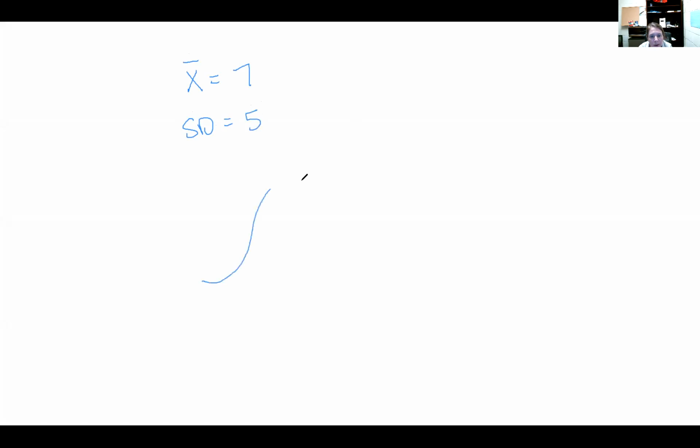I drew my bell-shaped curve, and I asked you to find where 68% of your data falls. What you would need to do is find the standard deviation from the mean from 7, 5 this way and 5 that way.